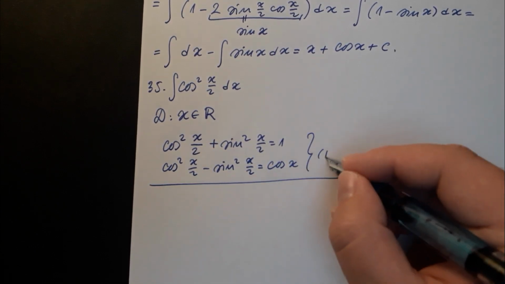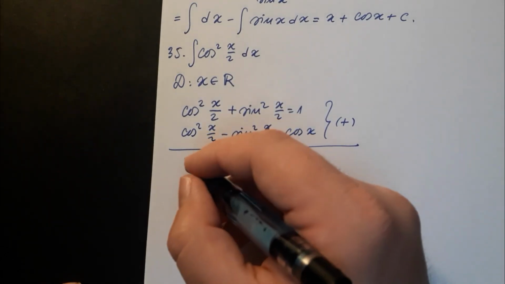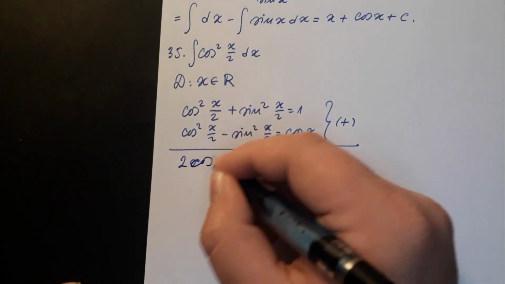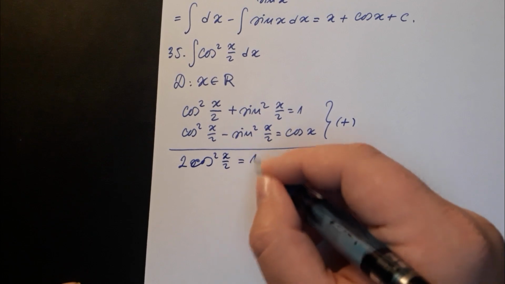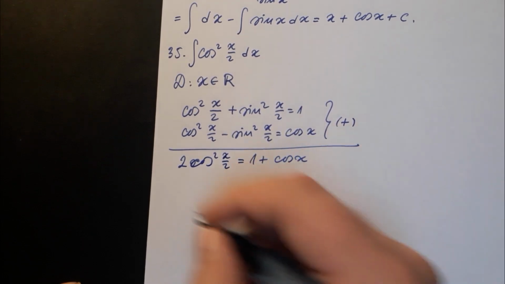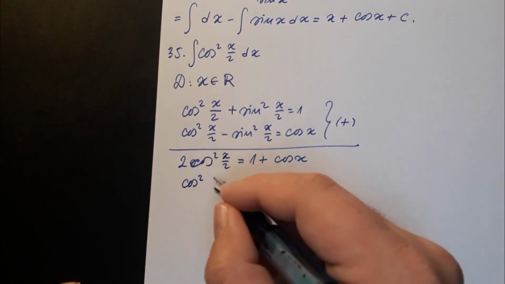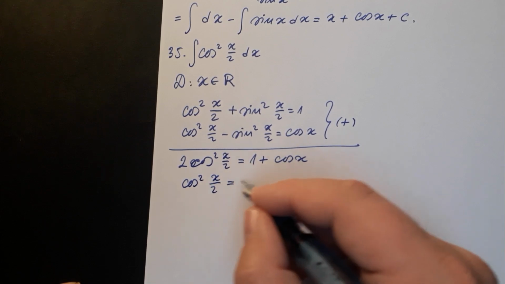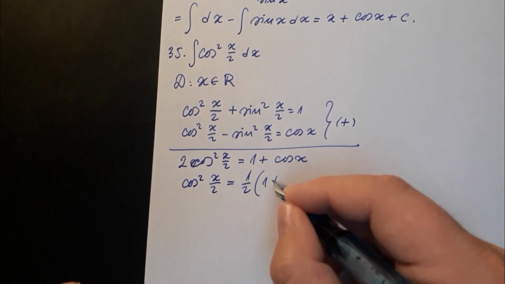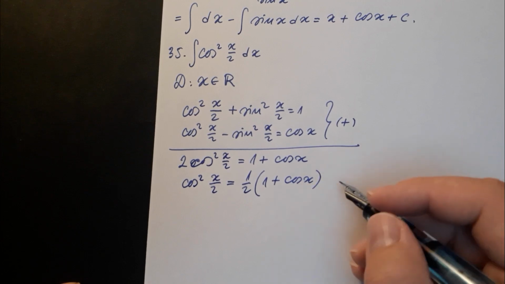When we add these two equations to one another, we get that 2 cosine squared of x half is equal to 1 plus cosine of x, and that gives us that cosine squared of x half is 1 half of 1 plus cosine of x.